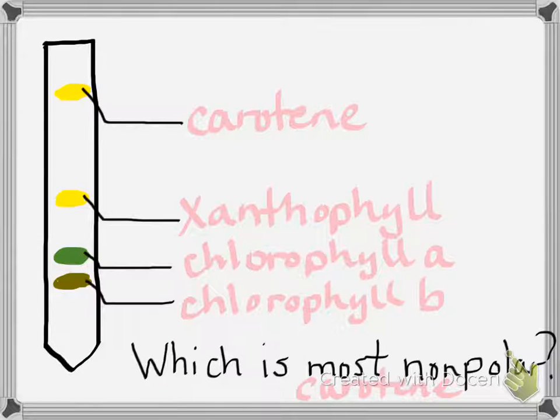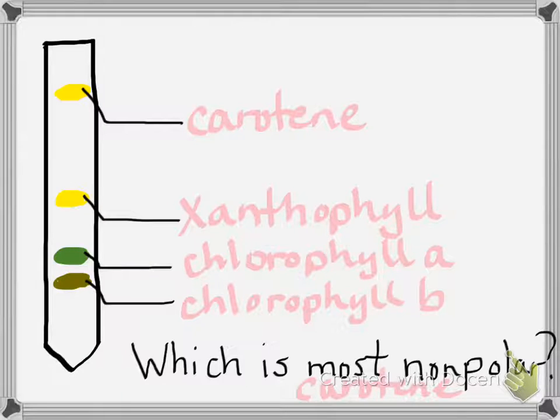Now I know verbally we went over this last question already, but I just want to go back over it with you. Which is the most nonpolar of those four pigments? The answer is chlorophyll B. How come chlorophyll B is the most nonpolar? Like, how would you know that? If you didn't know the answer, how would you figure it out?